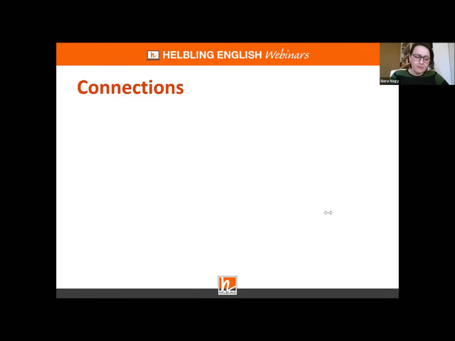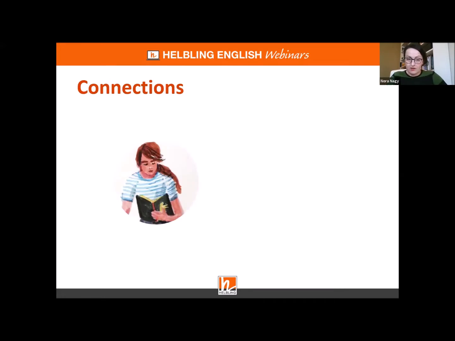So I've collected different aspects of how connections can be addressed in the classroom. We have this lovely, lovely illustration by Viola Nicolai from one of our readers. And I have connected one thing here, skills. But by skills, we shouldn't just think in terms of reading, writing, speaking, and listening skills. Skills should be addressed at the level of literacy.